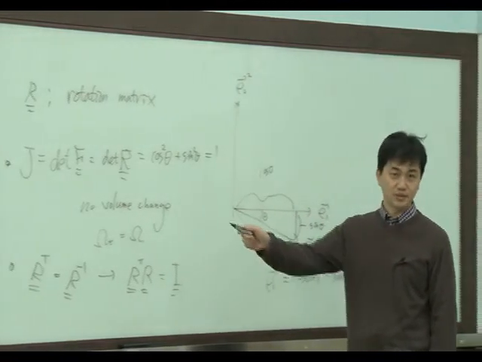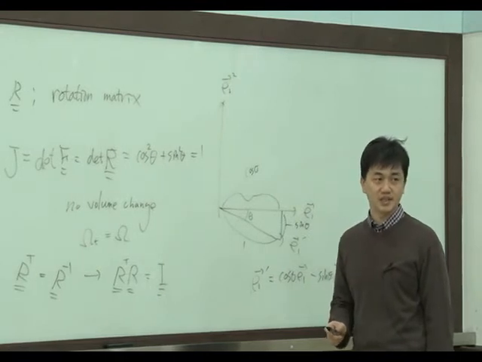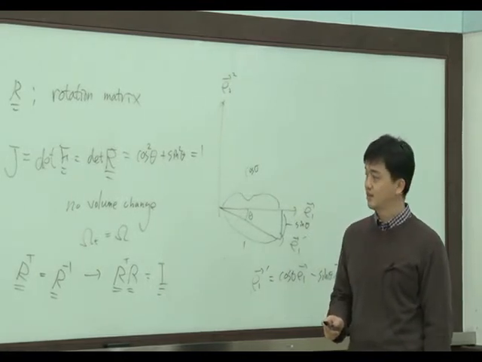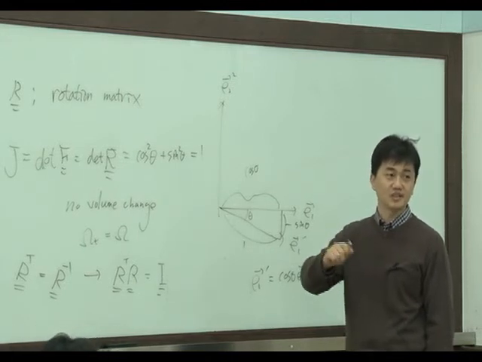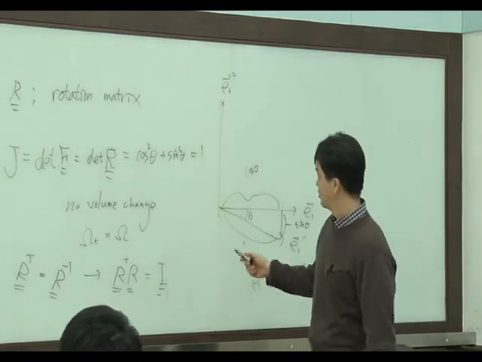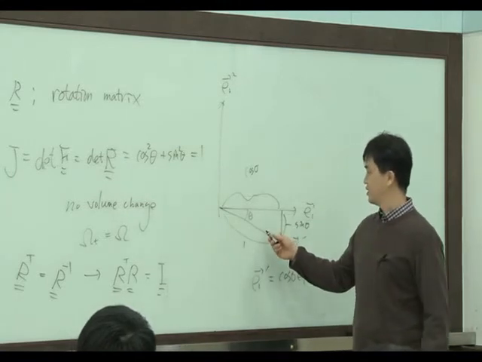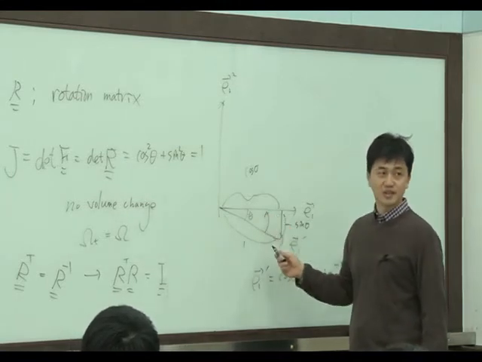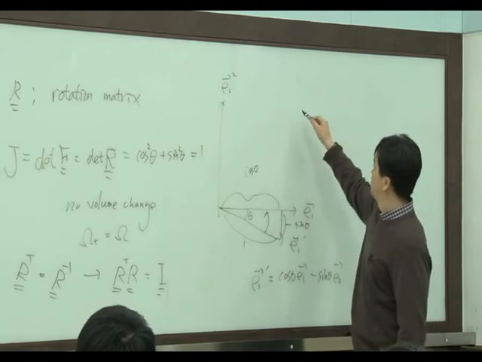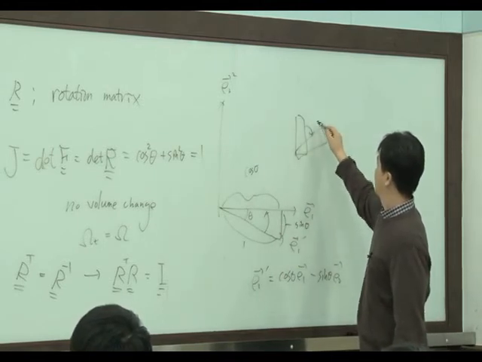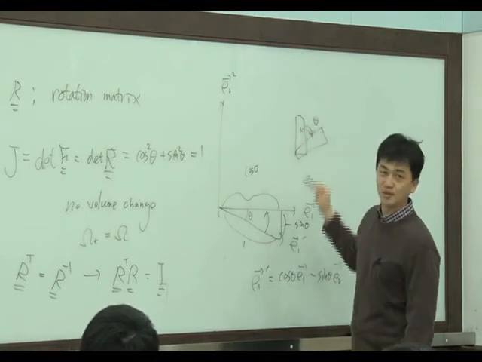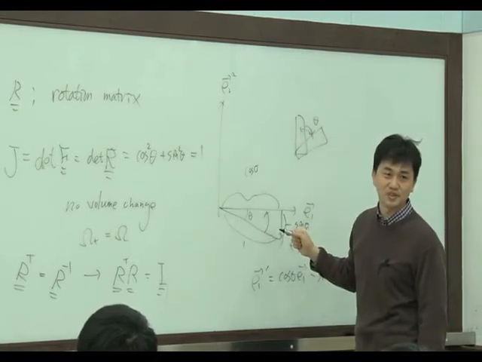You can prove this very easily. The inverse of the rotation matrix means the rotation in the other direction. So the body rotates and goes back to the original position.